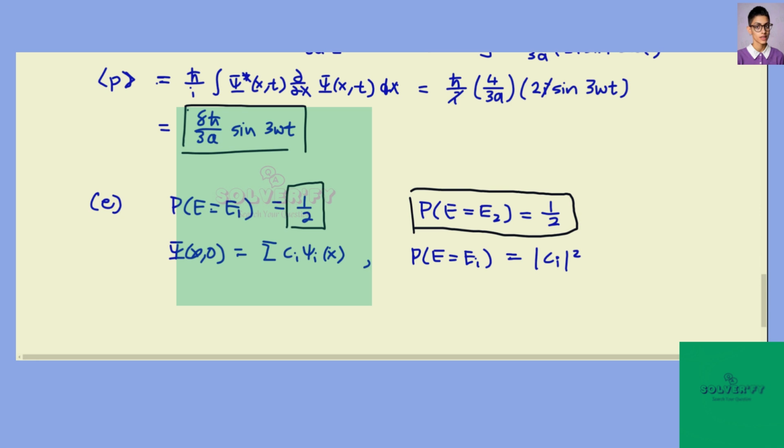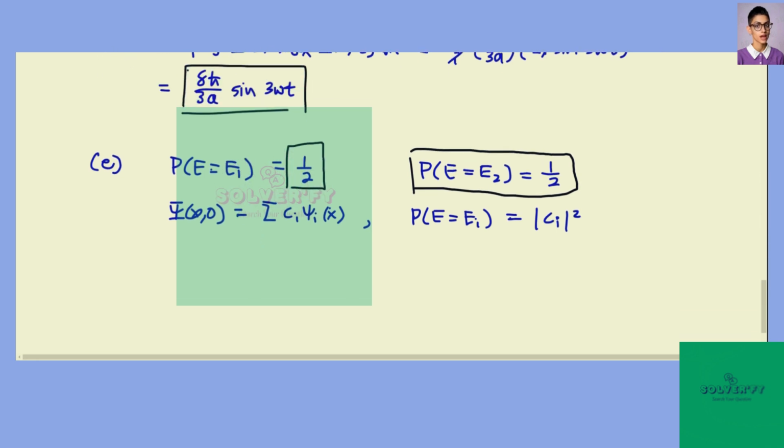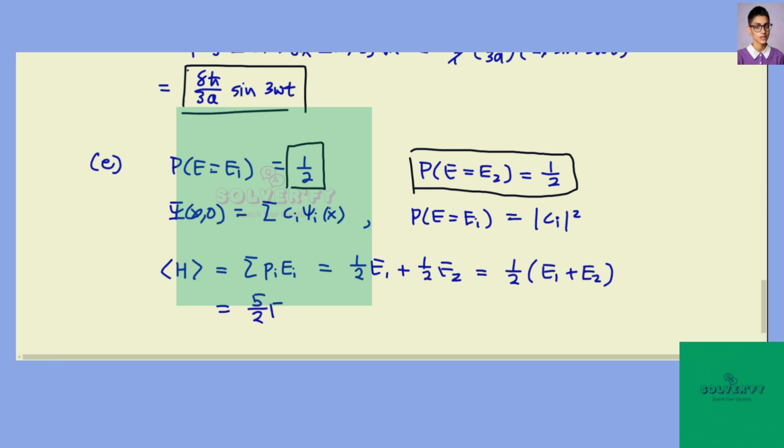Then you need to find the expectation value of the Hamiltonian. The expectation value of the Hamiltonian is equal to the probability times the individual energy, and you sum them up, so it's half E1 plus half E2. You know that E2 is 4 E1, so we have 5 over 2 E1.